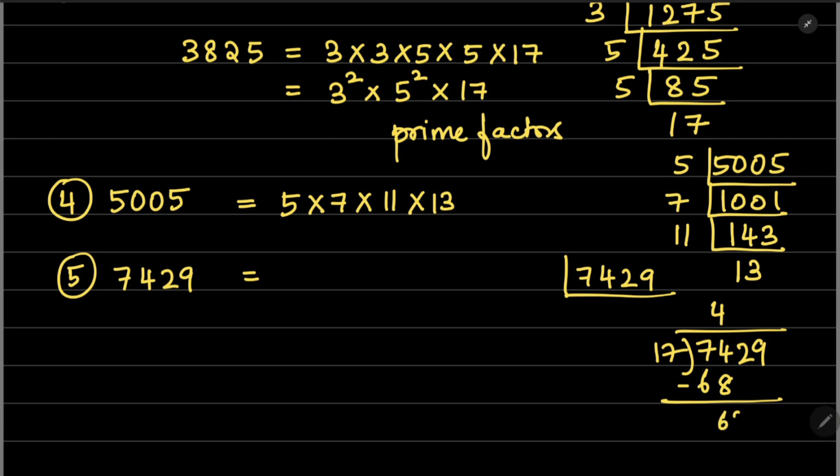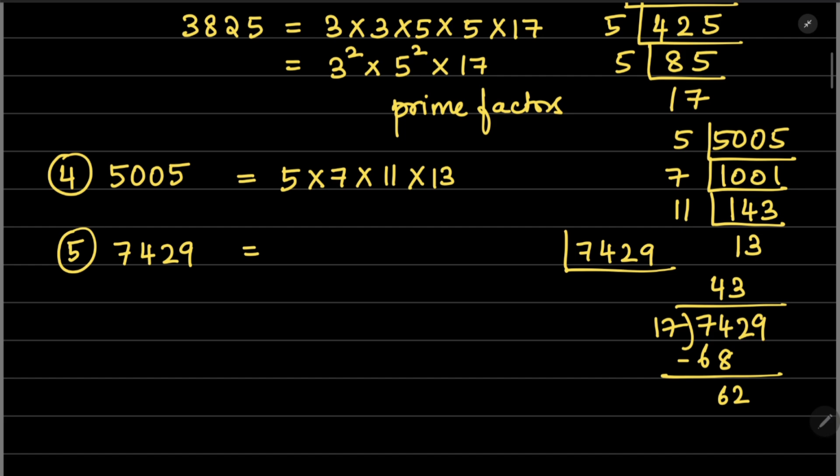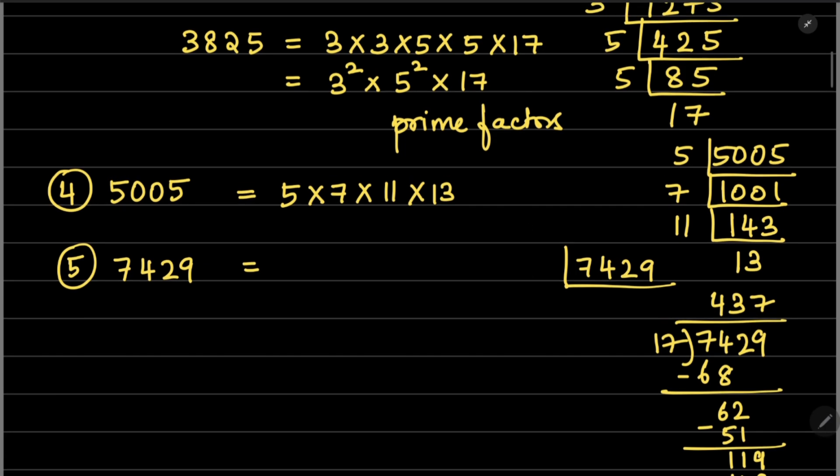So 62 again. So then 3, go with 3. So 3, 7s are 21, 1, 2, 5, 51. Then again you have 1, 1, and then 9. So it's 7. 7 sevens are 49. So it's okay. So when you divide 7429 by 17, what is it that you're getting? 437.